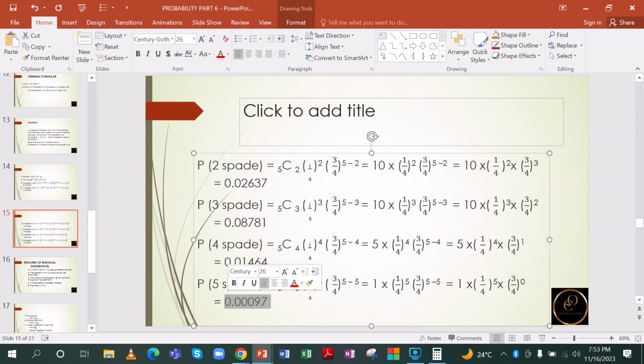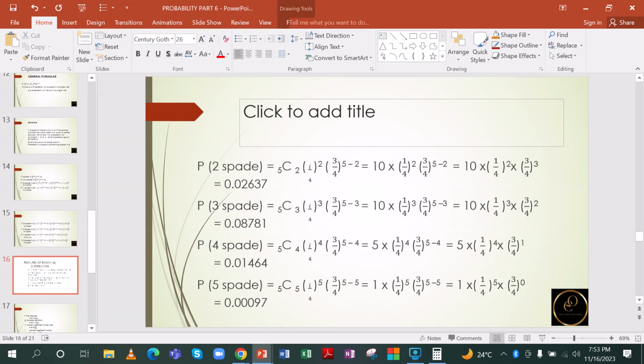When you add them, they should come to 1, because the sum of the probabilities of all outcomes is 1. Okay? Yes, fine, sir. So you don't need to do that. All you need is to remember the formula, slot in, and find the probability. But if you have time, at your leisure, you can add them and you will find that you come to 1. Okay.